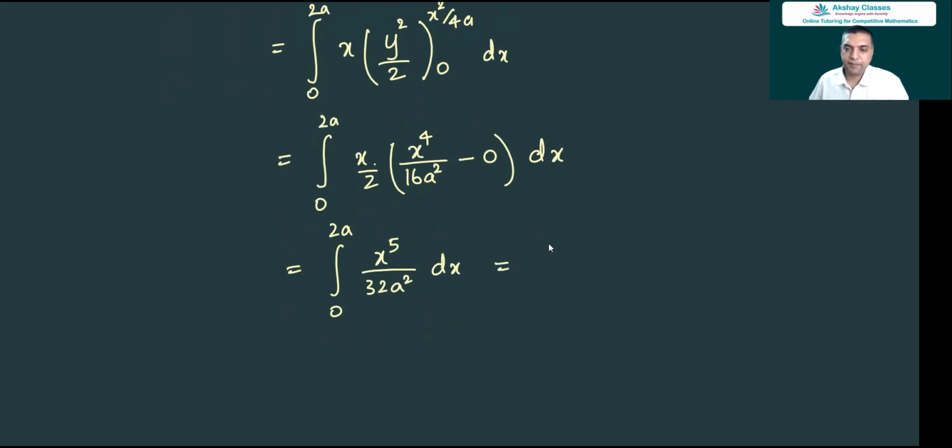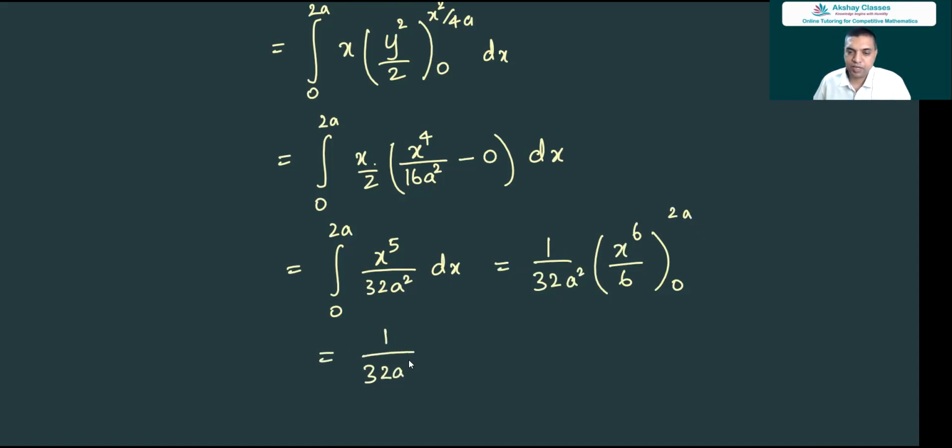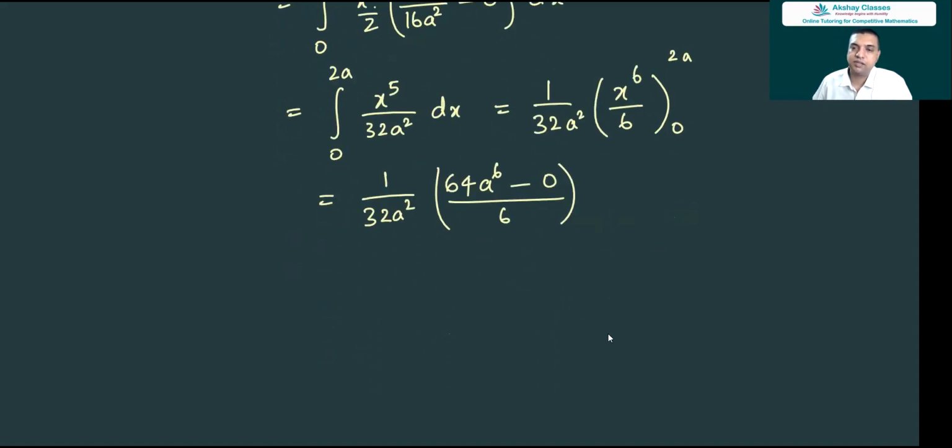So this will be 1 upon 32a square times x power 6 by 6, from 0 to 2a. So 1 by 32a square, 2 power 6 is 64, a power 6 minus 0, by 6. So 32 into 64 and by 3.